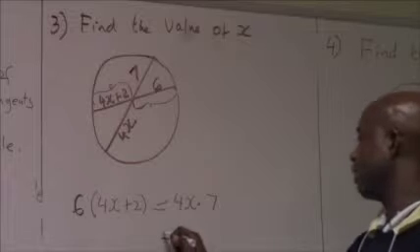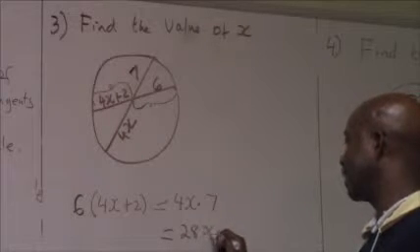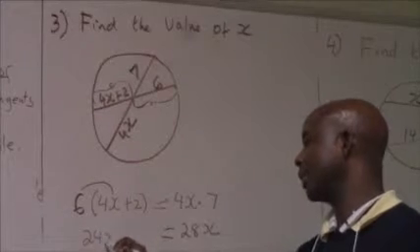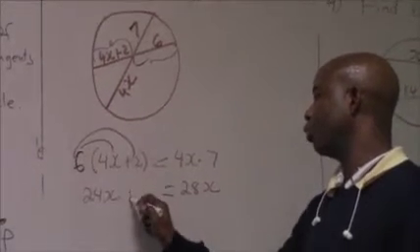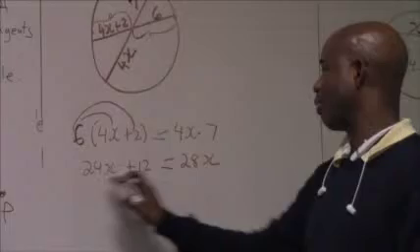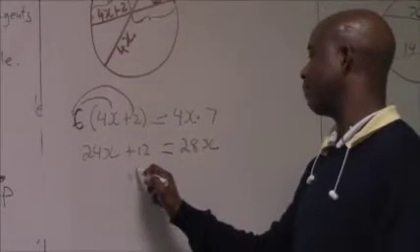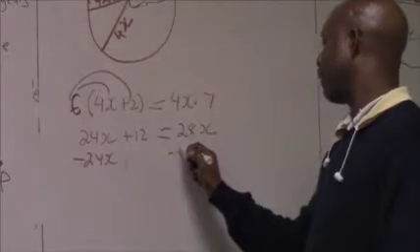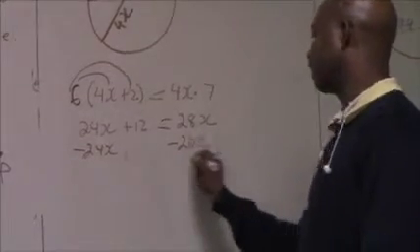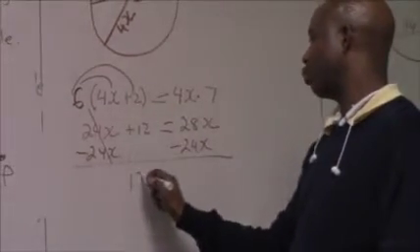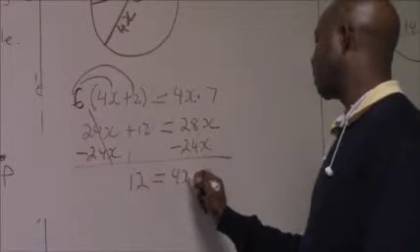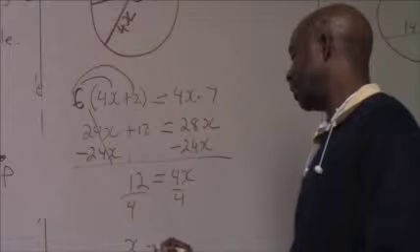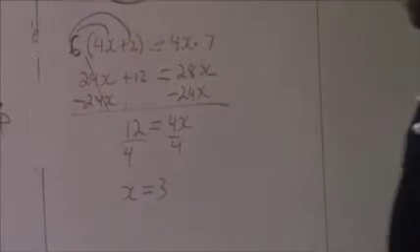So 4x times 7 is 28x. 6 times 4x is 24x. 6 times 2 is 12. Subtract 24x from both sides. You're going to have 12 equals 4x. Divide by 4.